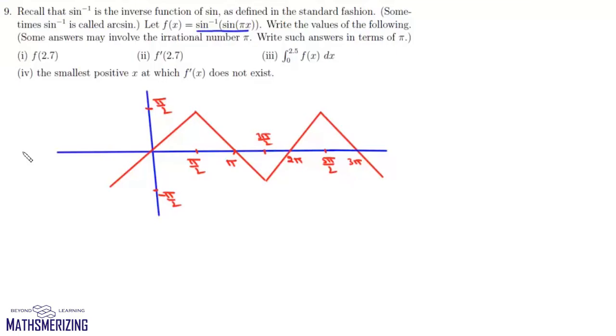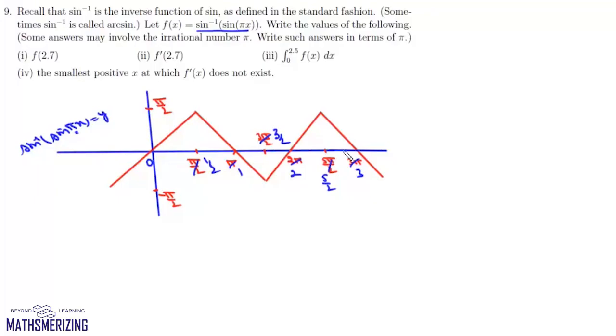If you have to draw the graph of sine inverse of sine pi x, we have already discussed it in transformation of graphs, that all we need to do is we just have to divide everything by pi. So here it will be 1 by 2, this one is 1, this is 3 by 2, this is 2, this is 5 by 2 and this is going to be 3. Now we need to find the value of f(2.7).